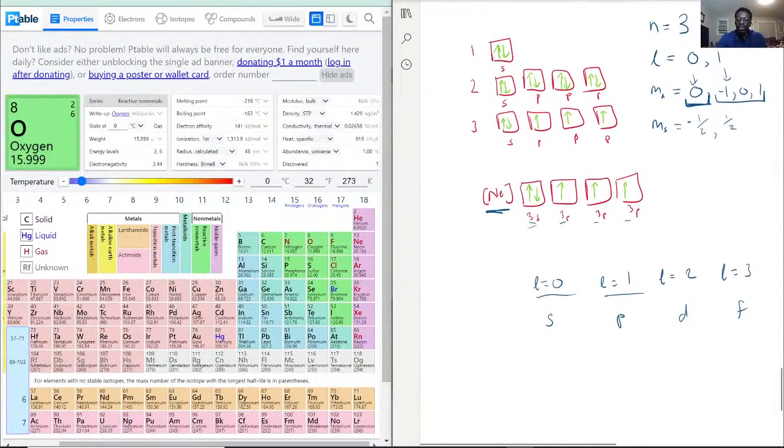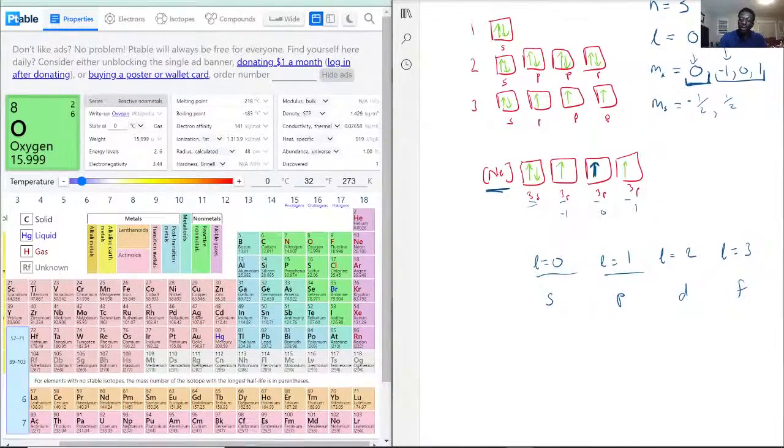So now they want us to give just one example of a possible set of quantum numbers. Let's say we chose this one. Theoretically, if we're following this, if this was the -1, this was the 0, and this was the 1, this would be 3, 1, 0, because it's in the middle, in the P orbital, and then it can only be 1/2 because only half of them are there.